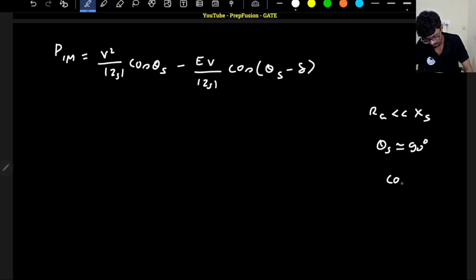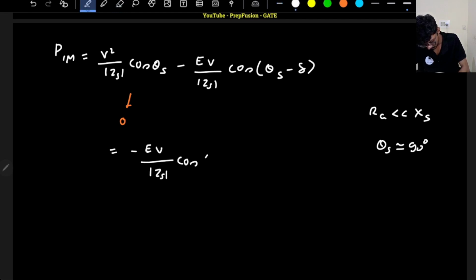So my cos theta S will be 0, right? So this will go to 0. Okay, so this will become minus EV by ZS cos of 90 minus delta.